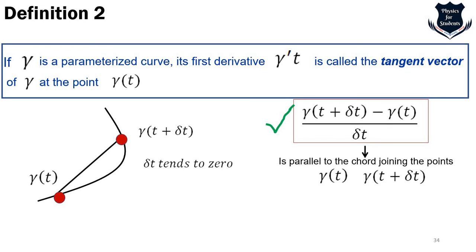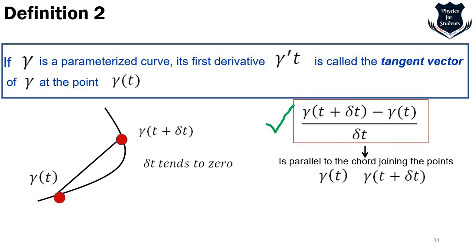Now just note that as del t tends to 0, the length of the chord also tends to 0, but we expect that the direction of the chord becomes parallel to that of the tangent to C at gamma t.